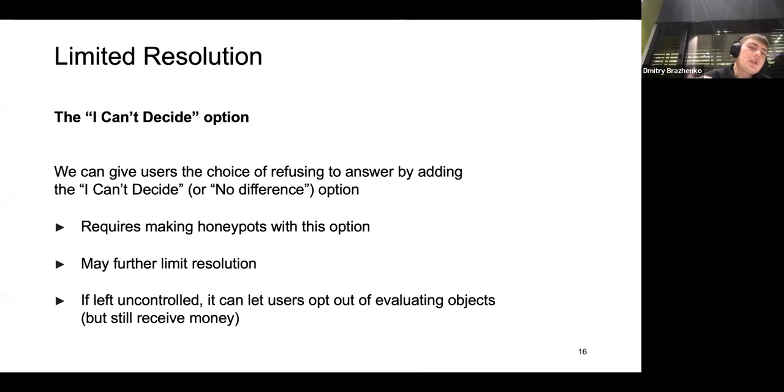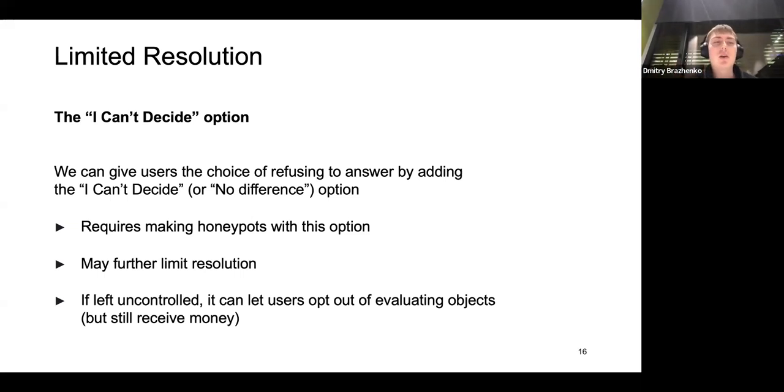So how can we reduce the impact? How can we work with these difficulties? One idea is to create an "I cannot decide" button. So we let our users select not only the left or right object, but we can also offer them "I cannot decide," or "I cannot see a difference," or "I don't know." Why can this help you?